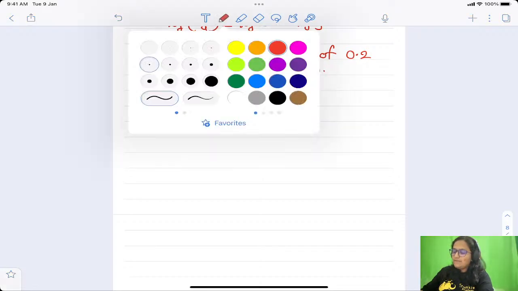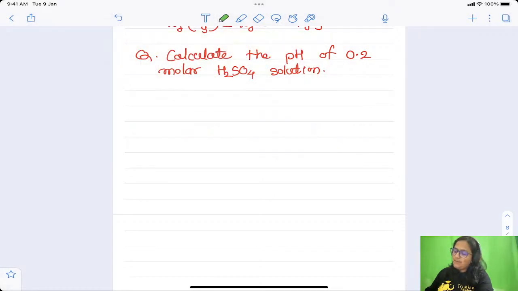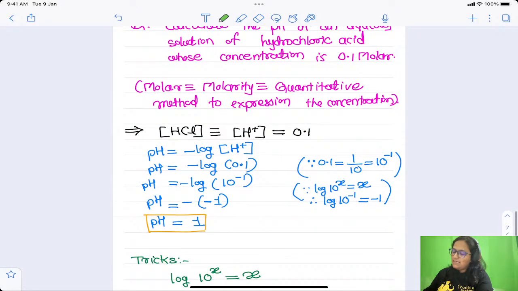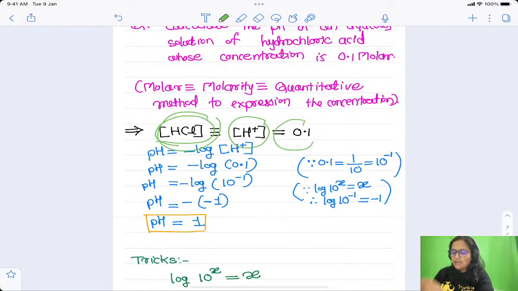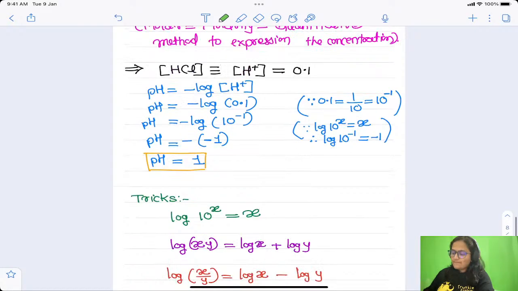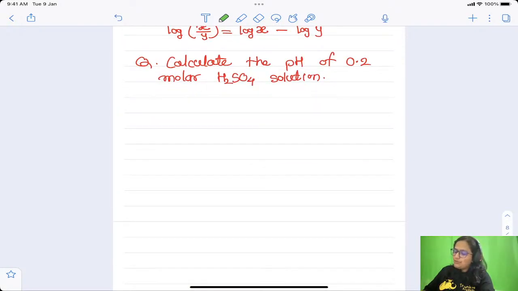For HCl, if you remember, we have seen that only one H was present. Therefore, H plus concentration and HCl concentration were equal to each other, because HCl contains only one H in it. But if you see H2SO4, it has 2 H in it, right?